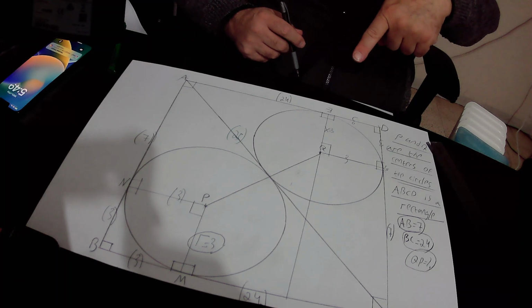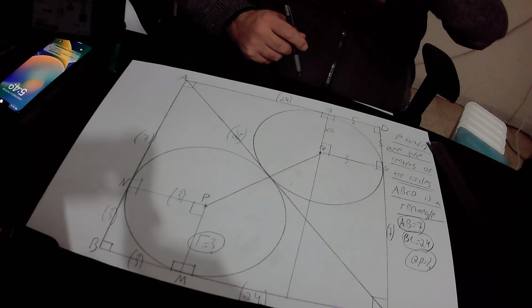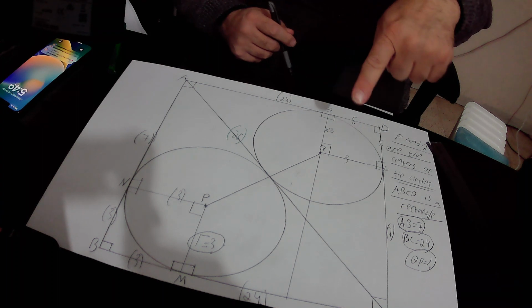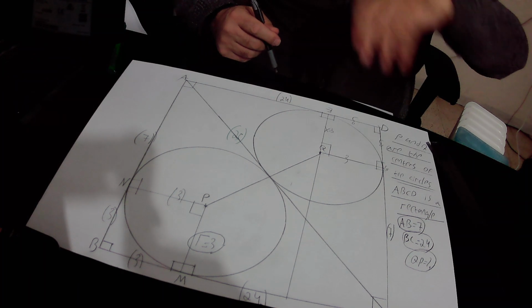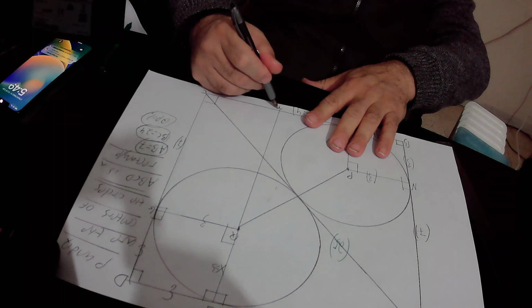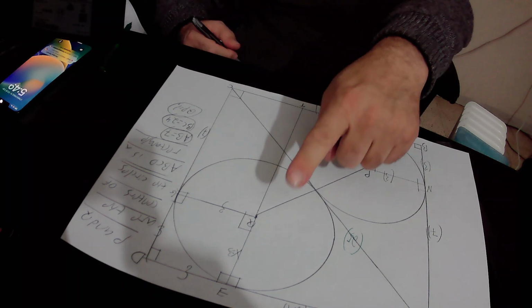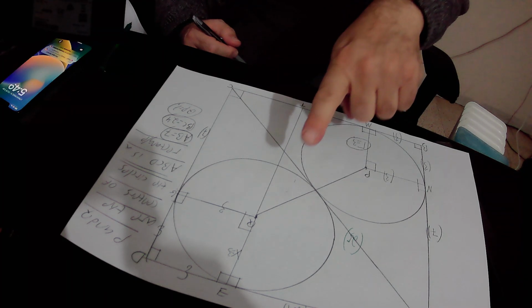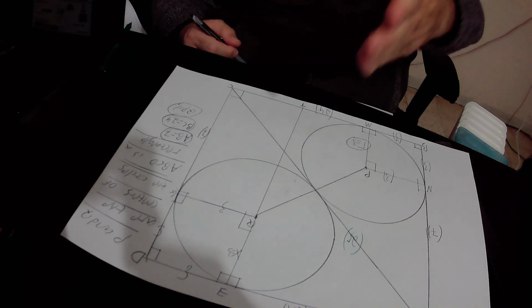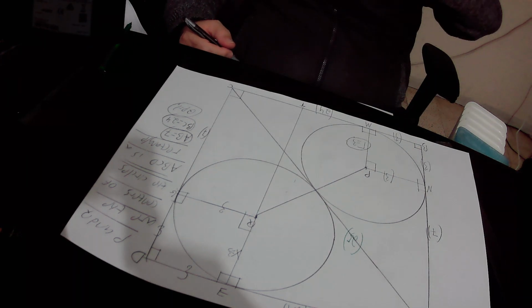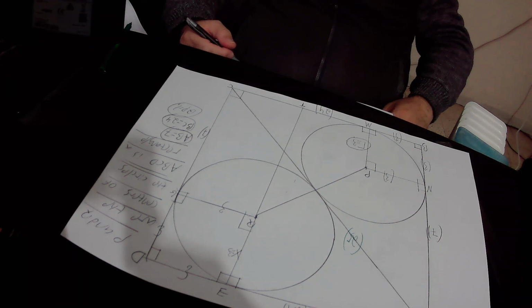So here, the extended EQ will define the touching point of the extended radius EQ with side BC as point T. So here ET is one straight line because we extended the radius EQ by a straight line. When you extend a straight line by a straight line, the result is a straight line. So ET is a straight line.